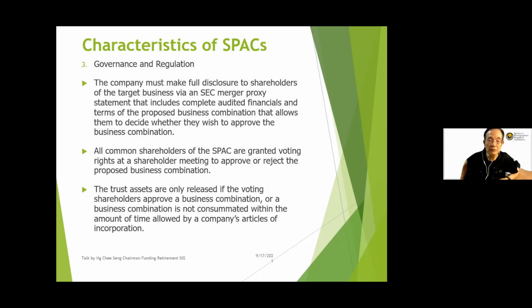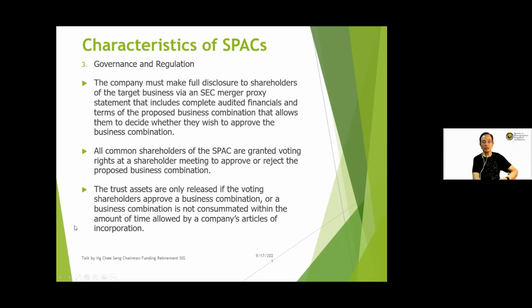Governance and regulation. The SPAC company must make full disclosure to shareholders of the target business and to the SEC, in Singapore's case the SGX or MAS, through a merger proxy statement that includes complete audited financials and the terms of the proposed business combination, allowing them to decide whether to approve it.